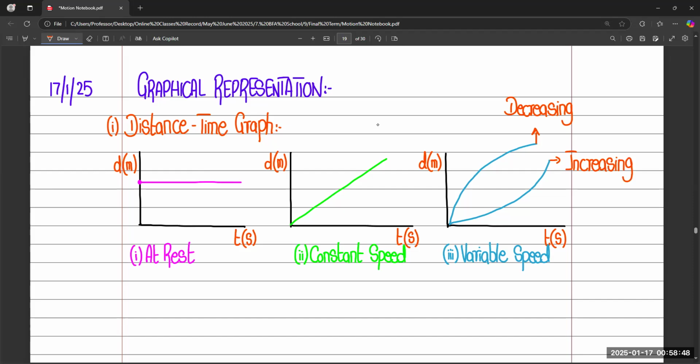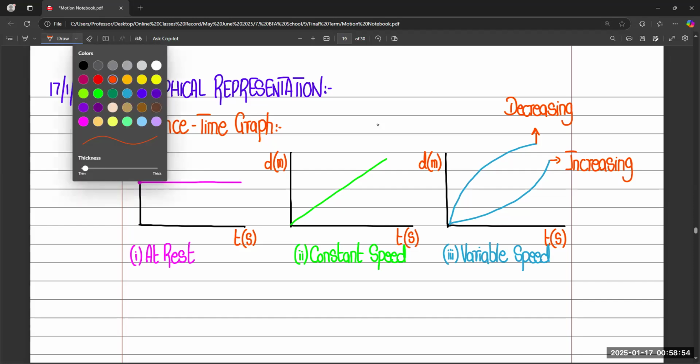The first curve is decreasing because initially it covers a quick distance in a short interval of time.